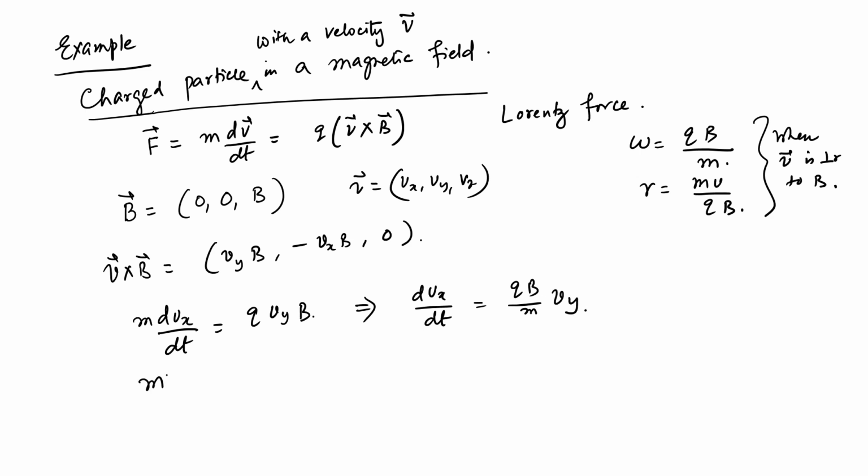And for the y direction, we have dvy/dt, which is equal to minus q Vx into B. That gives you dvy/dt equal to minus qB/m and Vx.